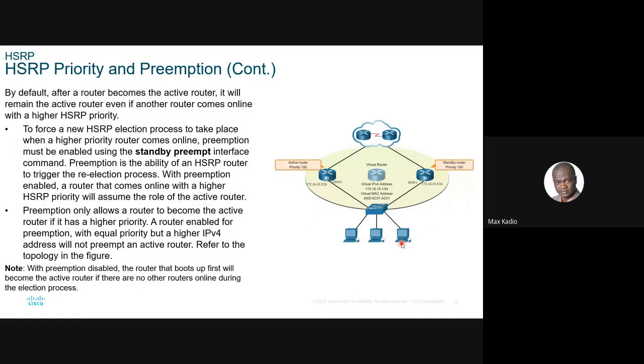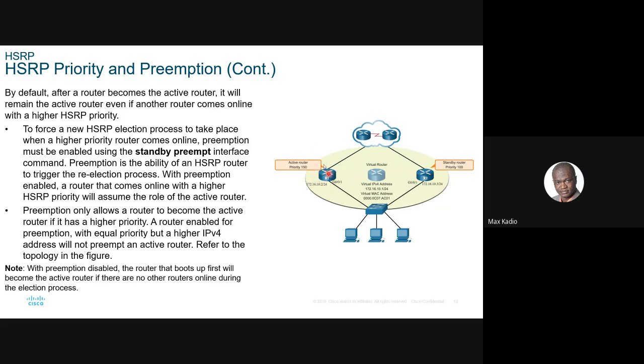Now there is something called preempt, a command that we're going to use. Let's say R1 is the active router, the big boss, the main one. It fails. The other one, the backup router, will take over. Then you, as the network engineer, can fix R1.